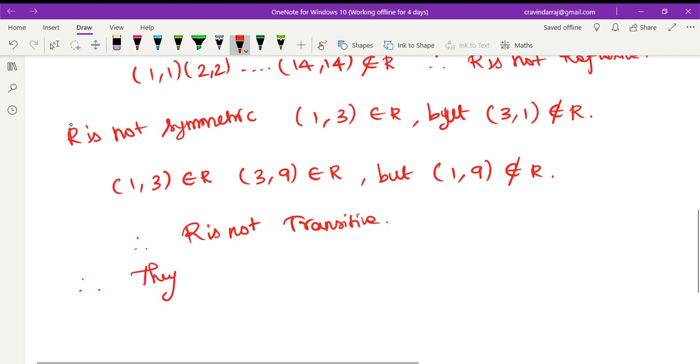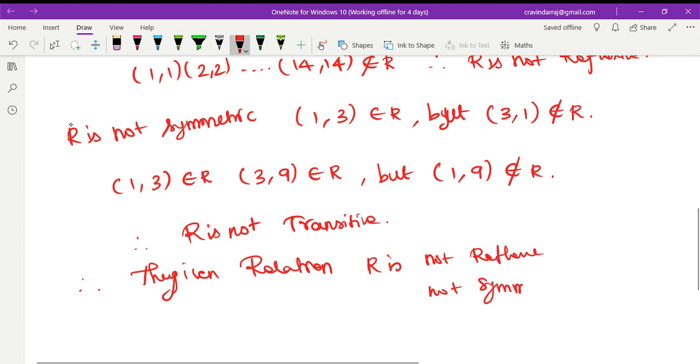So the given relation R is not reflexive, not symmetric, not transitive. That's all.